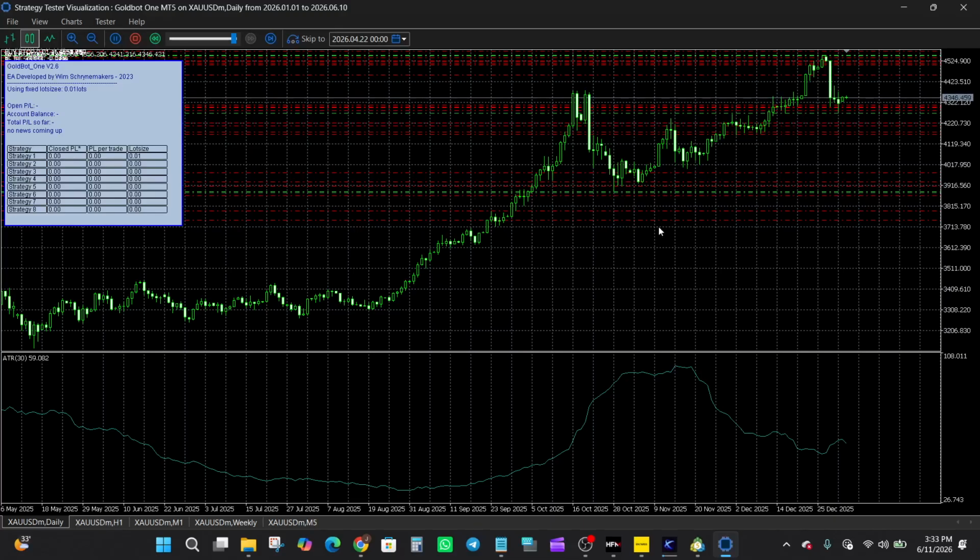Okay, so this EA seems to be an aggressive one. We can see a dashboard here showing strategy 1, strategy 2, up to strategy 8. Account balance, total P&L so far, no news coming up. All right, the dashboard showing us important information using fixed lot size 0.01 lots.